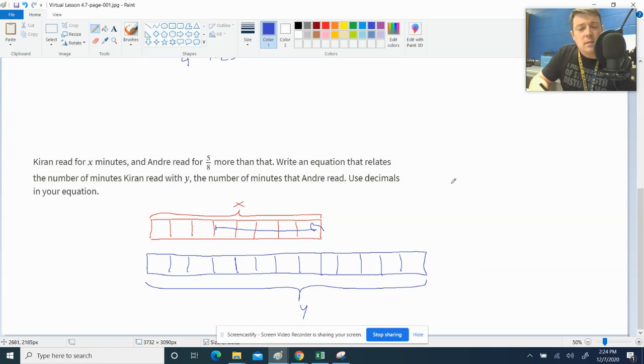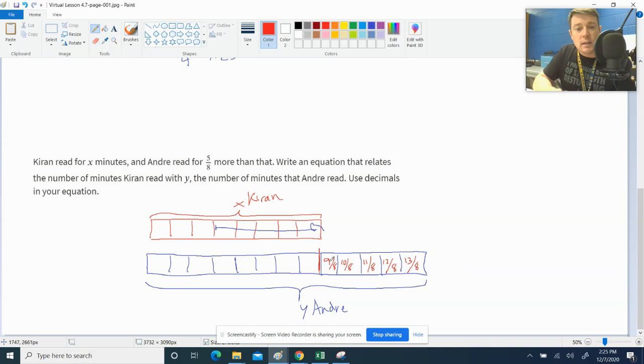Now, what they want us to be able to do here is represent that with an equation. All right, so with decimals. Let's first start with y representing Andre and x representing Kieran. Kieran read an entire 8 out of 8, right? That is his amount. And Andre read 8 out of 8, which is all the way up to here, plus 9/8, 10/8, 11/8, 12/8, 13/8.